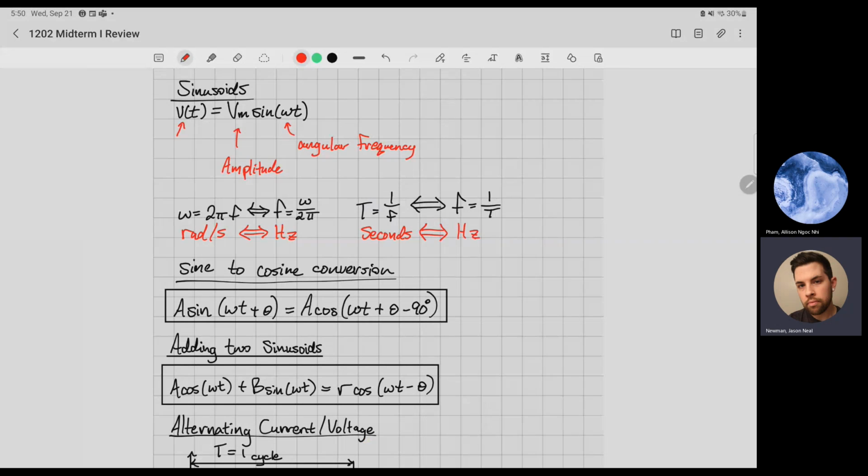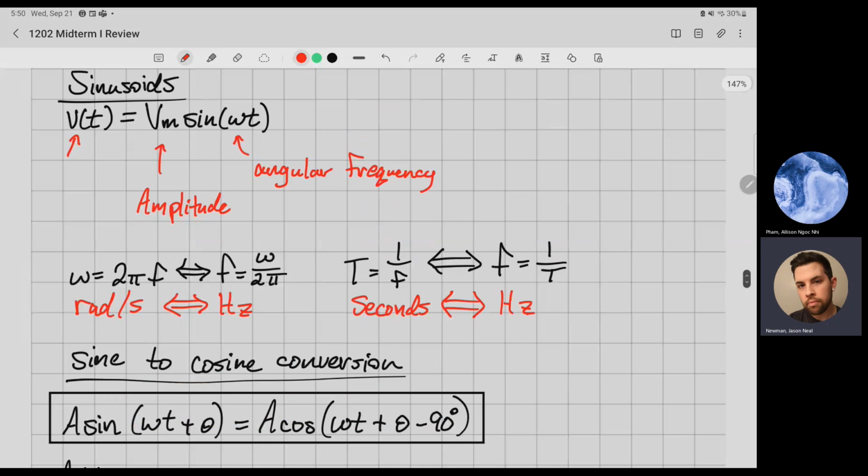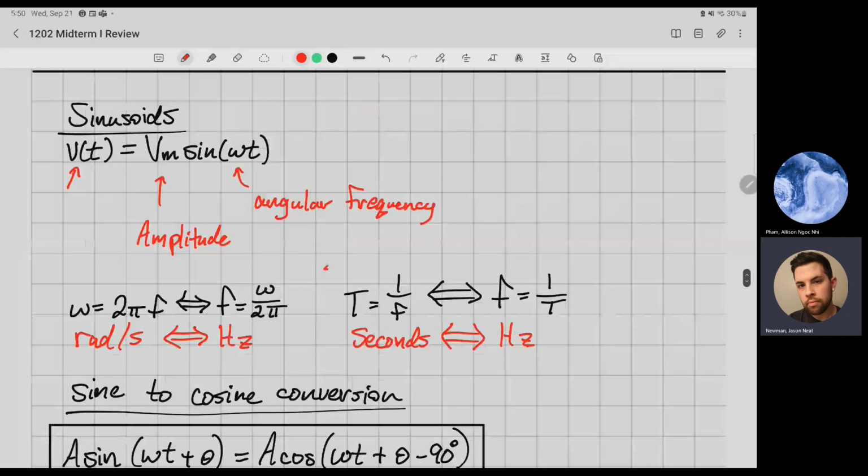That is equivalent to Vm, which is the amplitude of the voltage, sine omega t, where omega is the angular frequency. These conversions right here are just a way to get from radians per second to hertz or seconds to hertz. That's really all that is.